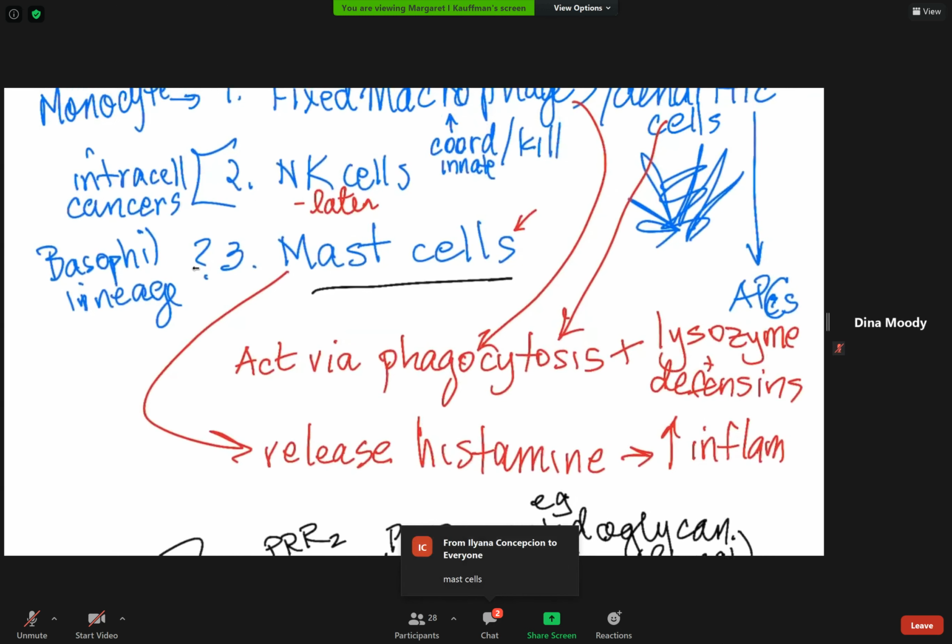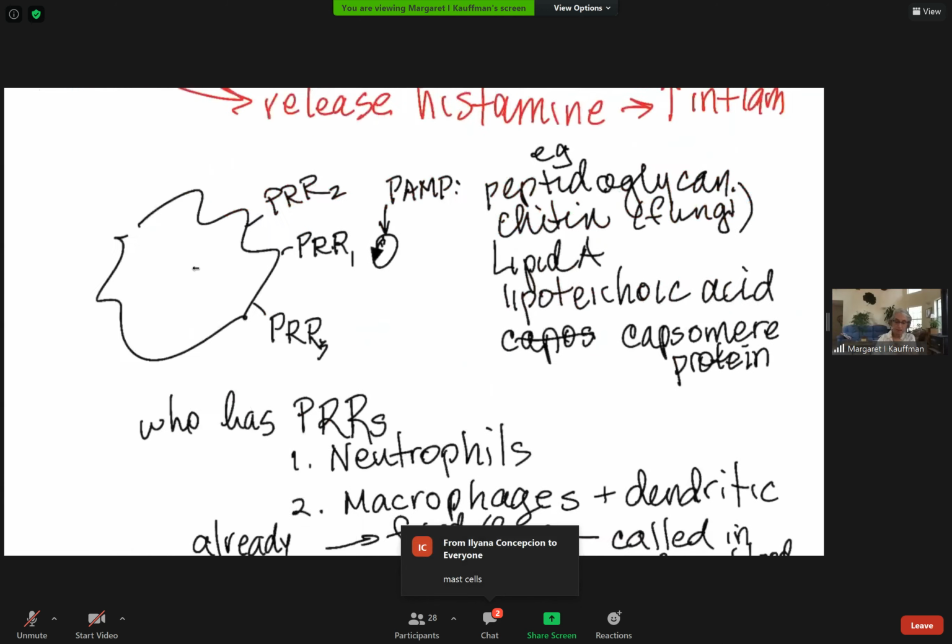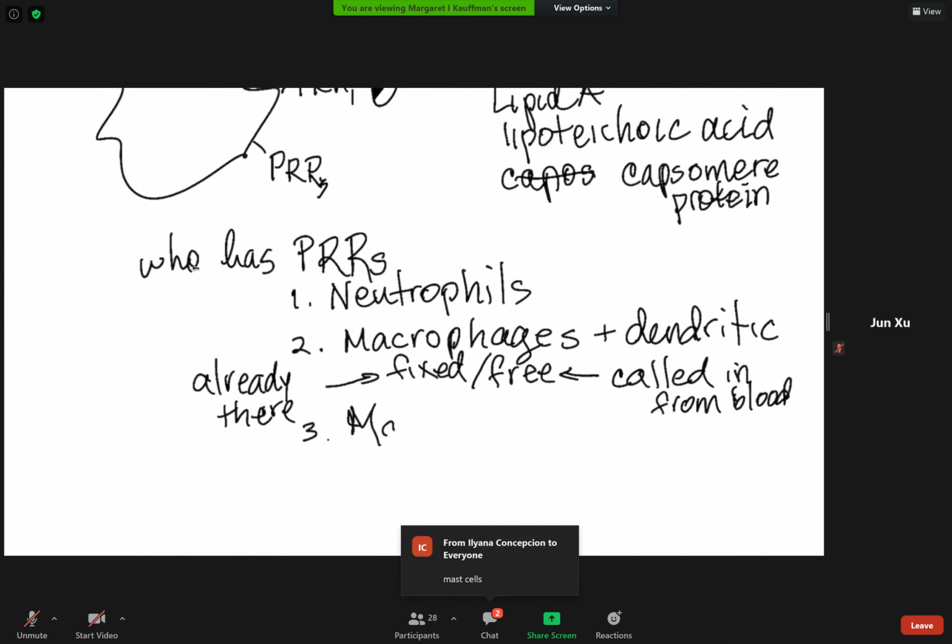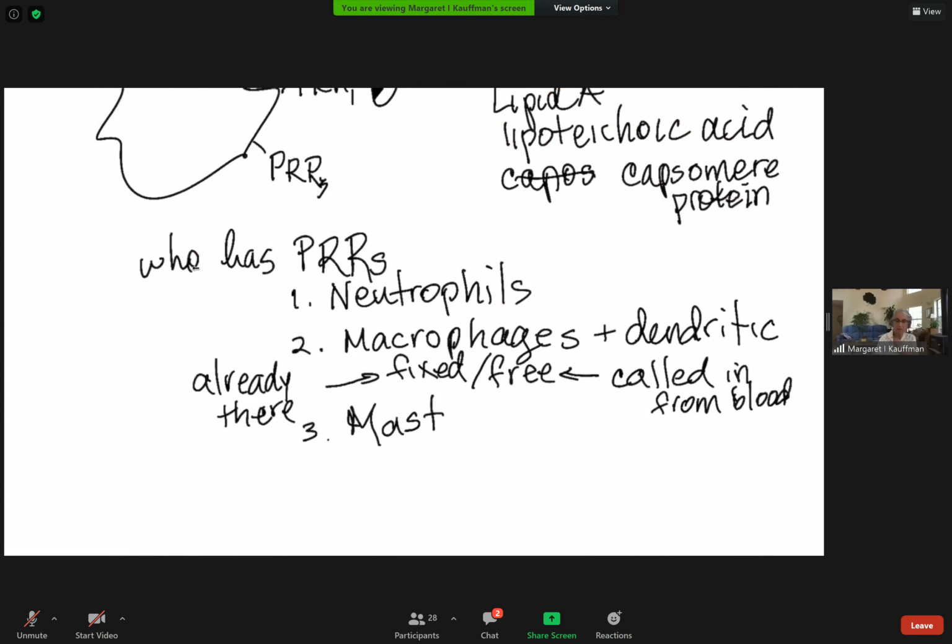Monocytes? Mast cells. Mast cells have PRRs as well. Because after all, if we want to start inflammation, we need to have them be able to recognize there's something wrong here. So these all have PRRs, and someone just mentioned monocytes.